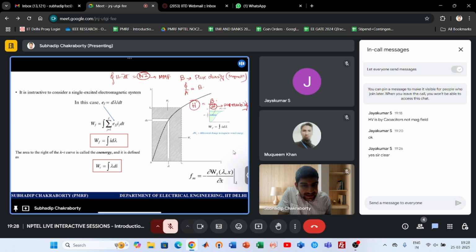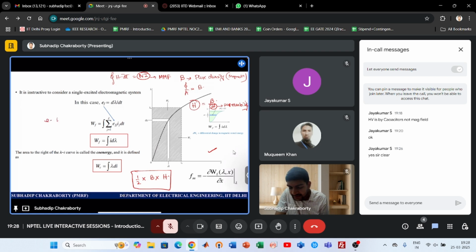So we try to quantify the energy stored in a magnetic field, right? It is defined as half into B into H. Now where did it come from? It came from here, right? What is the energy stored? What is energy? Energy is voltage times current.